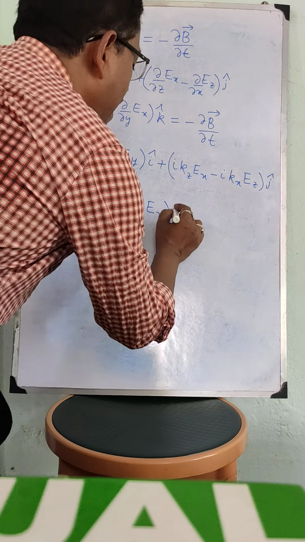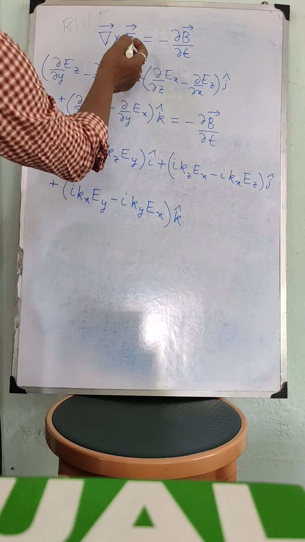So I have written k cross e. So we have written the left hand side.